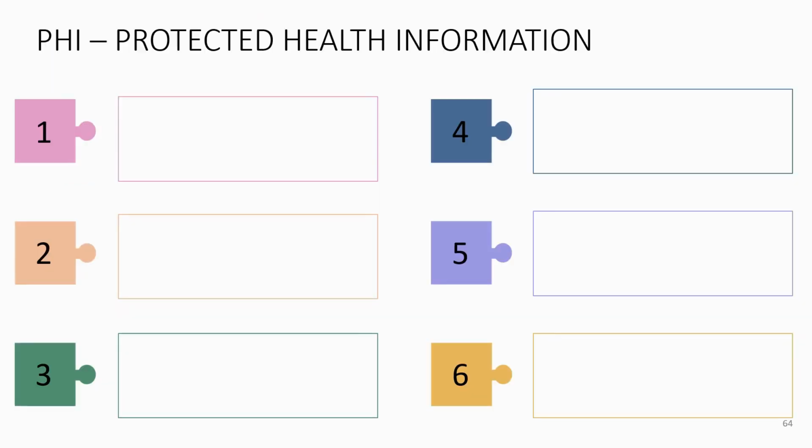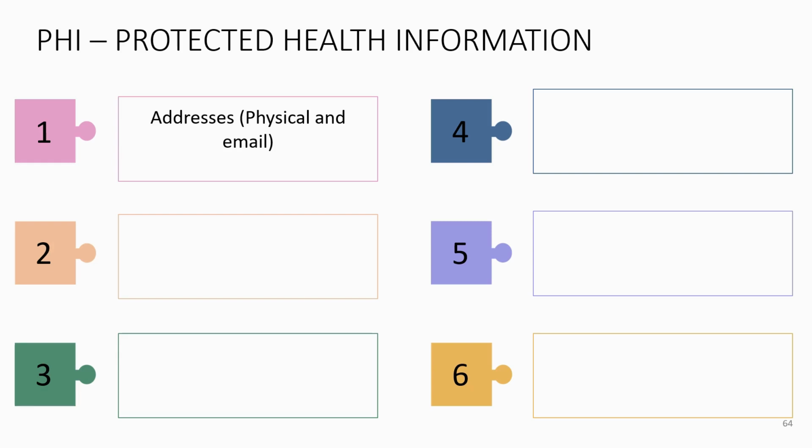So PHI is the abbreviation for Protected Health Information. And protected health information, or that PHI, includes a lot of things. This is not a comprehensive list, but this includes a lot of the biggest items.